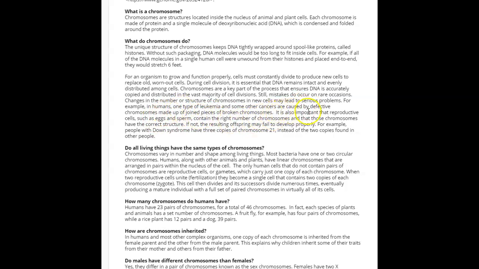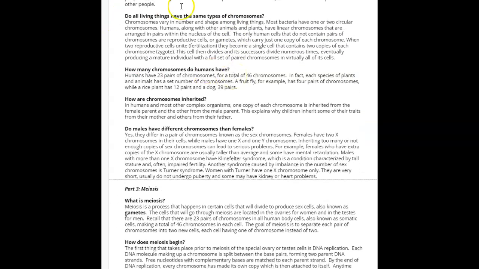It is also important that reproductive cells, such as eggs and sperm, contain the right number of chromosomes and that those chromosomes have the correct structure. If not, the resulting offspring may fail to develop properly. For example, people with Down syndrome have 3 copies of chromosome 21 instead of the 2 copies found in other people.